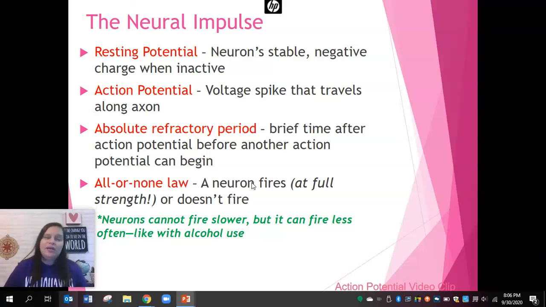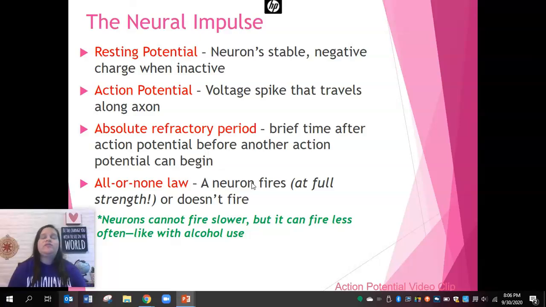But for this level of psych, we're not going to worry about that. So, while the neuron is waiting to receive a message, it's at its resting potential. When it receives a message from a sending neuron, it causes a voltage spike in the nucleus, and that creates an action potential that's going to travel along the axon. And it's going to fire. So the neuron fires. When we say the neuron's firing, it is having an action potential.